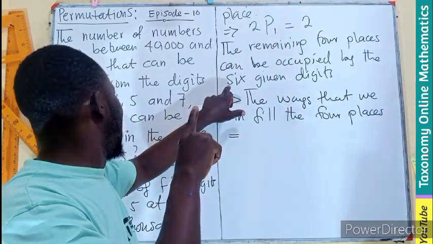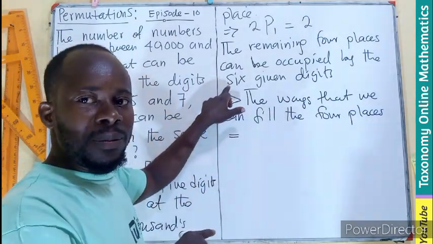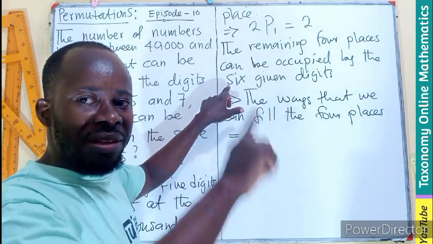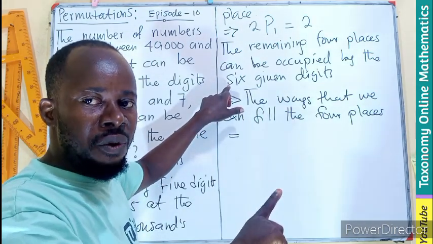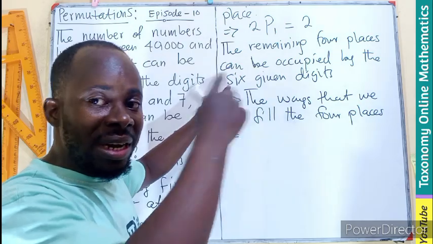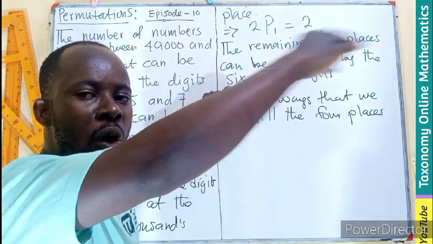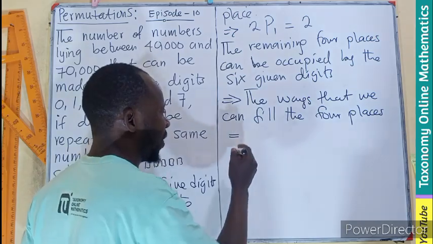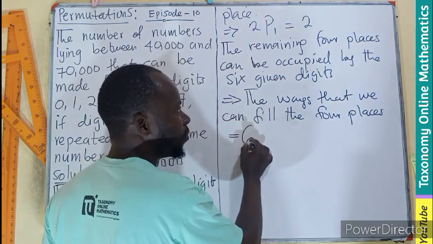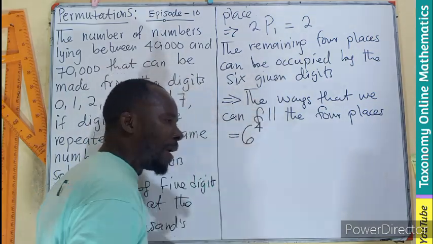If I pick, let's say, 4, it means 4 can be repeated. First 4, I'll still be left with the same number of digits, 6. So that will give you 6 numbers, picking 4 of them.